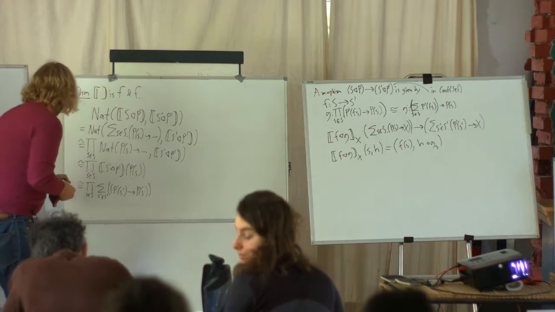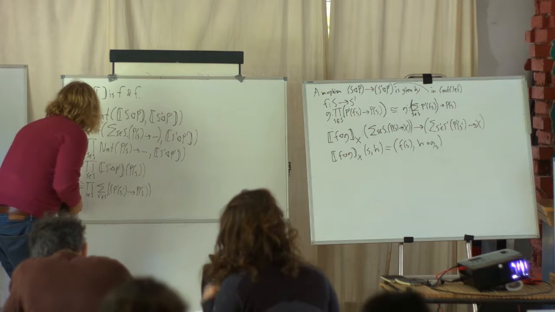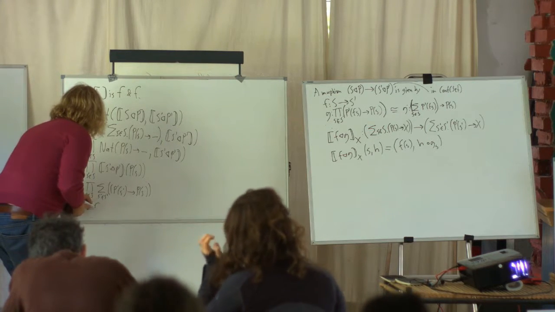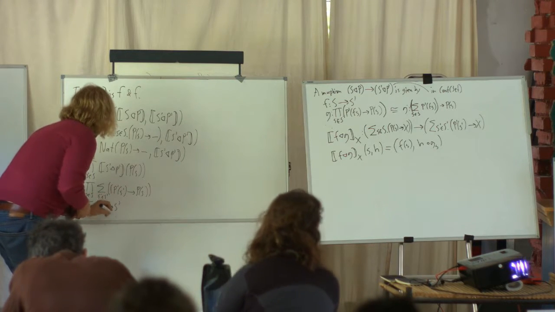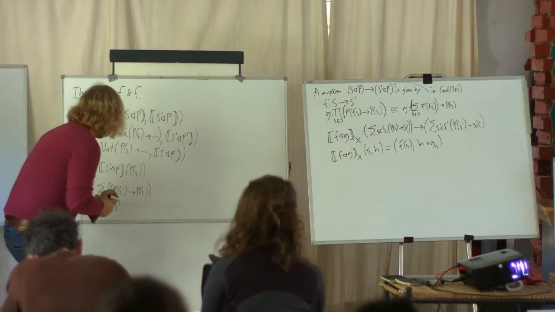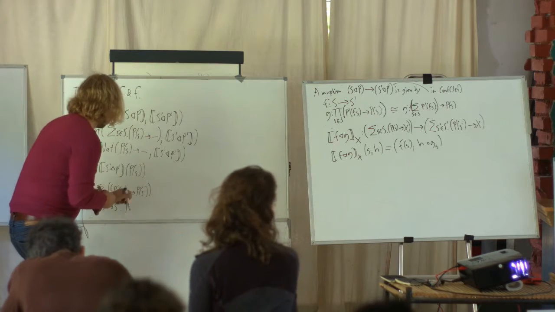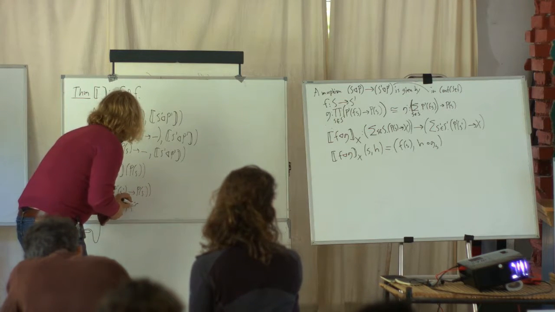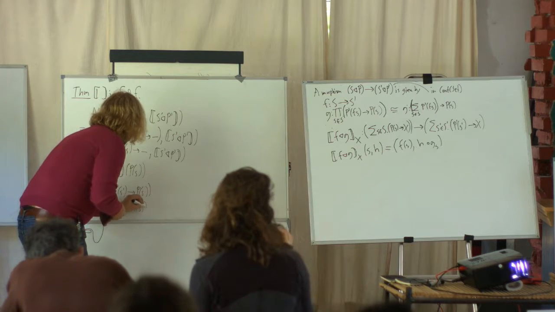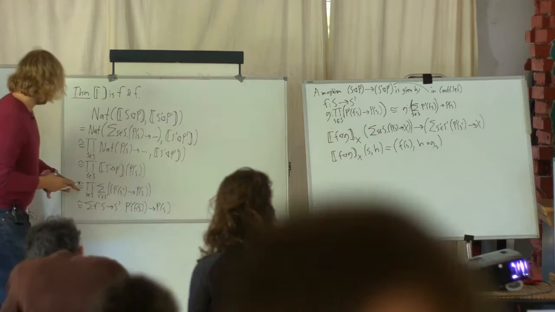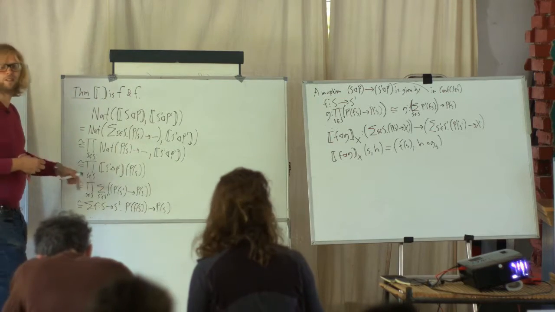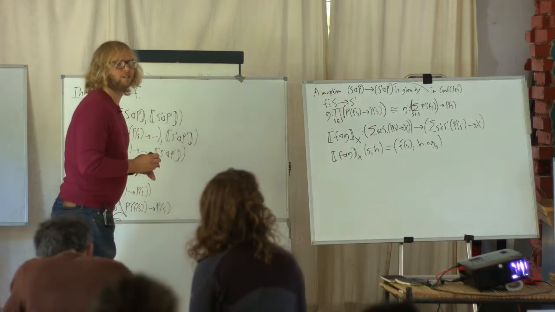So this is the same thing as a choice of a function which for every S tells me which S prime I want, and then I have to give something in that summand: P prime of F of S arrow P of S. It's just distributing a product over a coproduct in the category of sets.